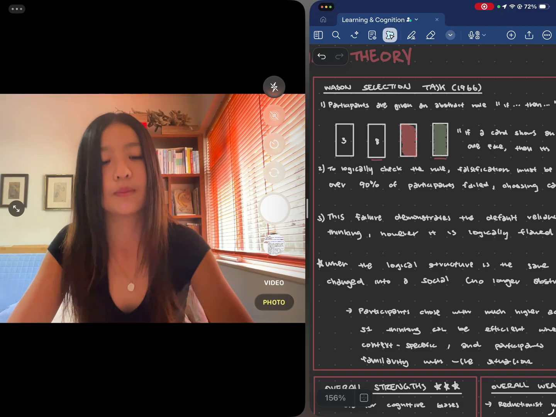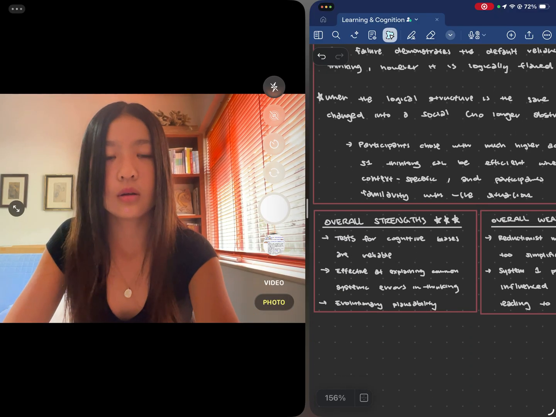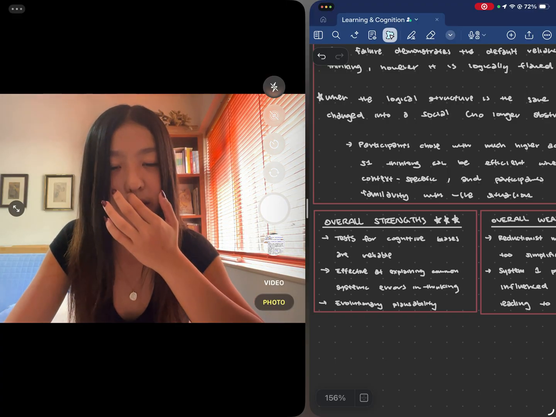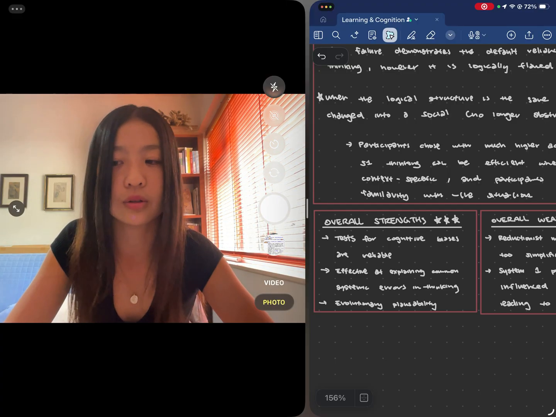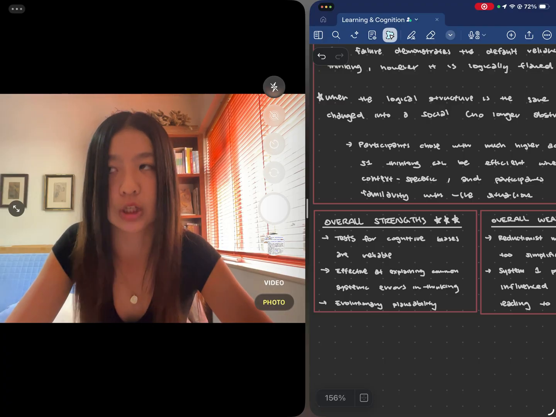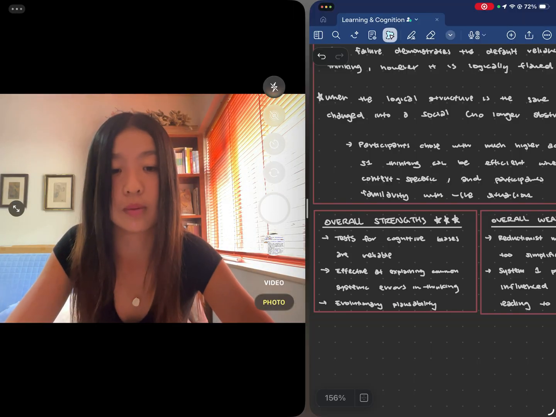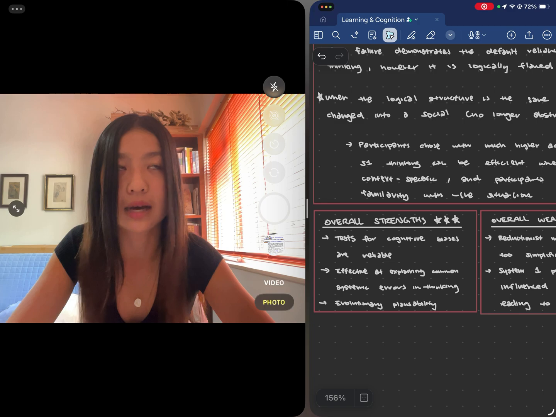So this shows that overall, the model has its benefits because it does show reliable evidence, like the Wason selection test. It does show that we generally do divert to System 1 thinking, and it's also effective at explaining common systemic errors that can happen when we're going through daily life.